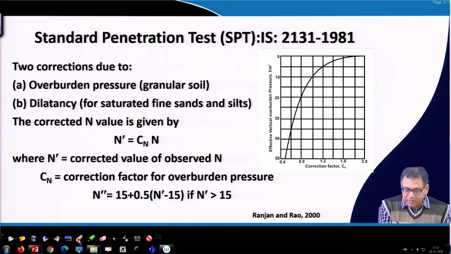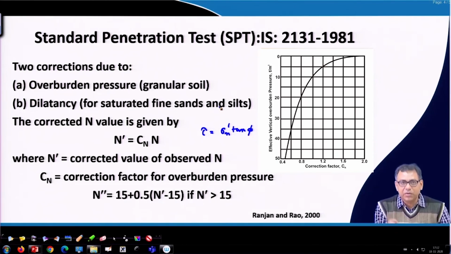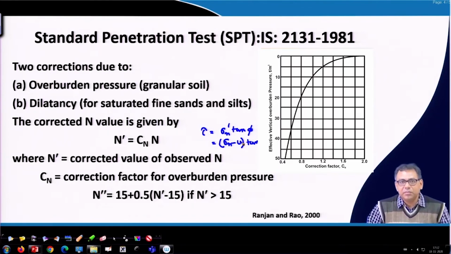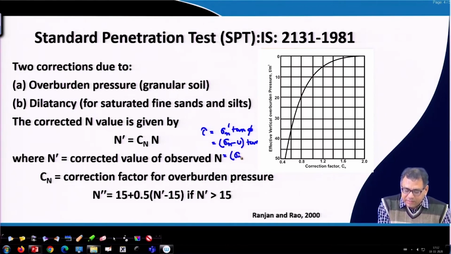For example, we know the strength expression is sigma n dash into tan phi, because it is granular soil, so C is 0. And this sigma n dash is sigma n minus u, that means total normal stress minus pore water pressure. Now, if the pore water pressure is negative, then this will be sigma n plus u into tan phi. Phi is the friction angle.